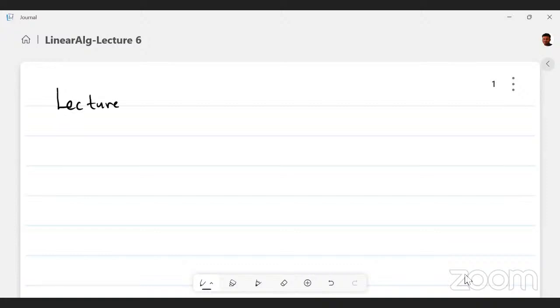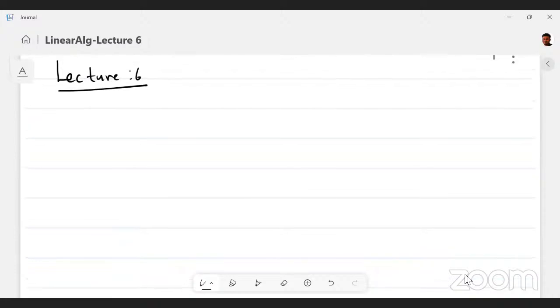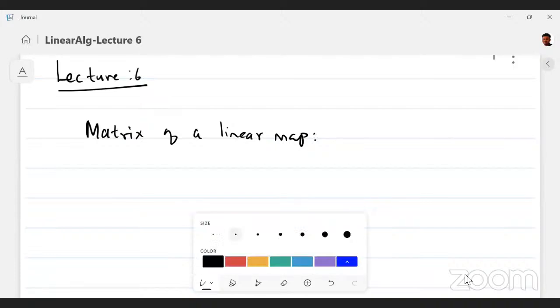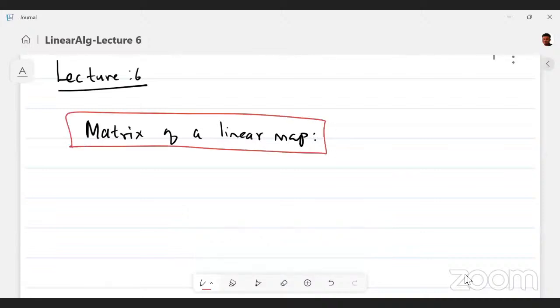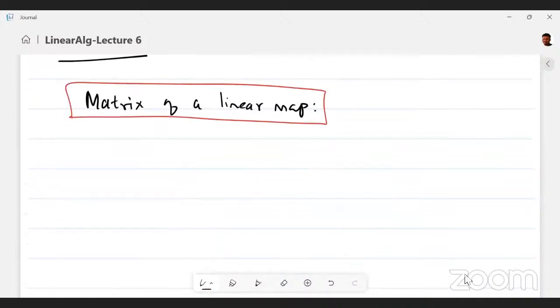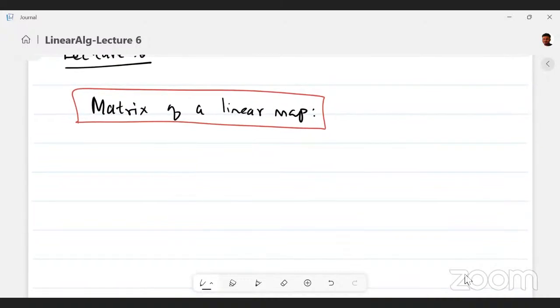What we are going to do is the matrix of a linear map. I'm going to do it in much generality so that it will be very useful later, when we specialize to linear operators on a given finite dimensional space. So how can one associate the matrix? That is done as follows.